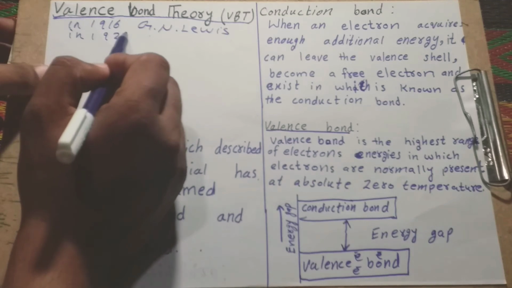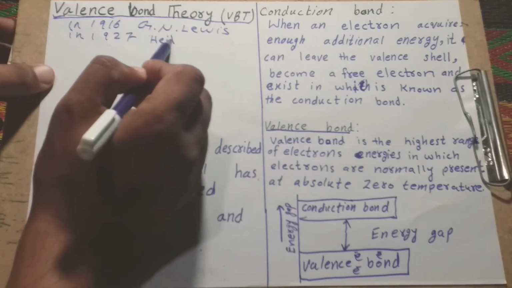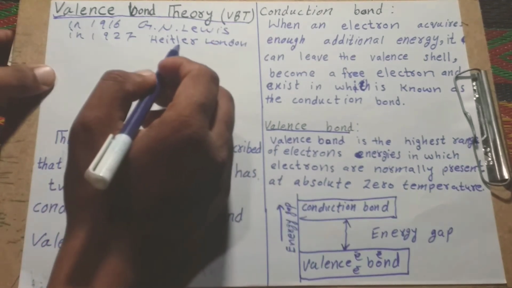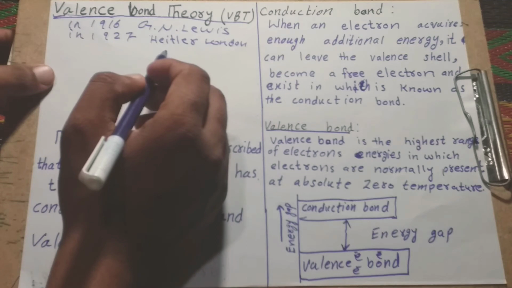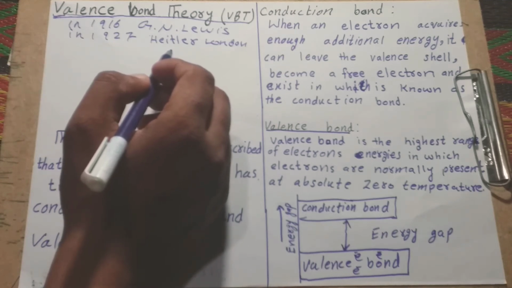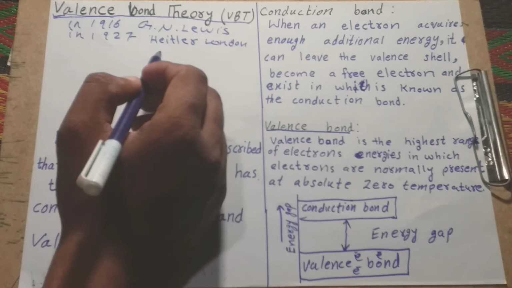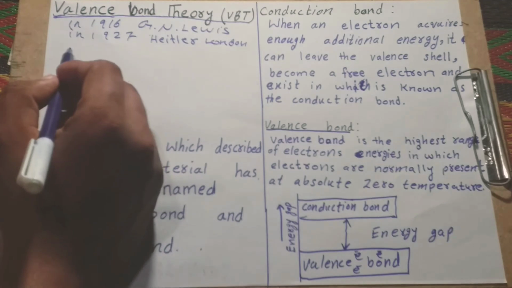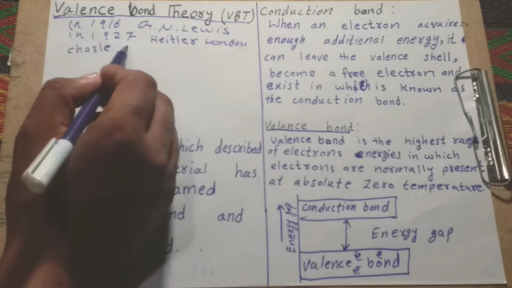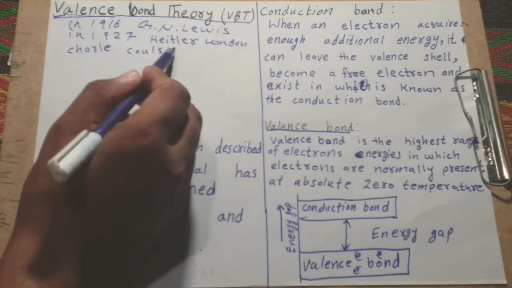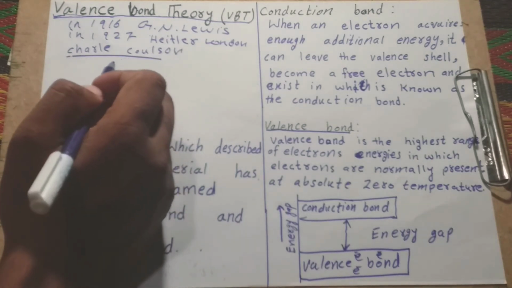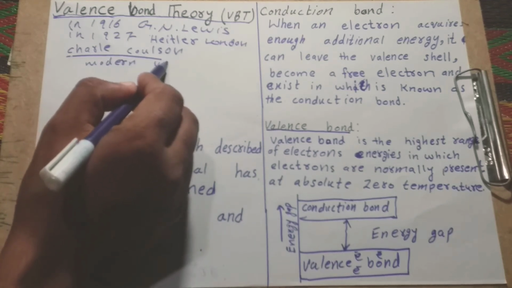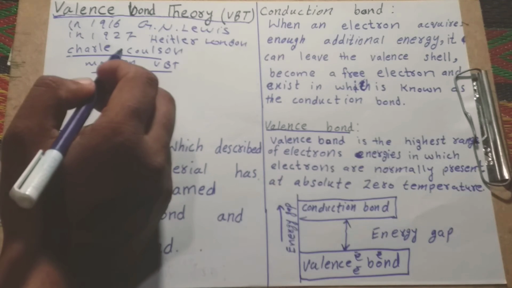In 1927, Heitler and London also explained the properties of the hydrogen molecule, H2, based on quantum mechanical considerations, and Charles Coulson also presented the modern valence bond theory.